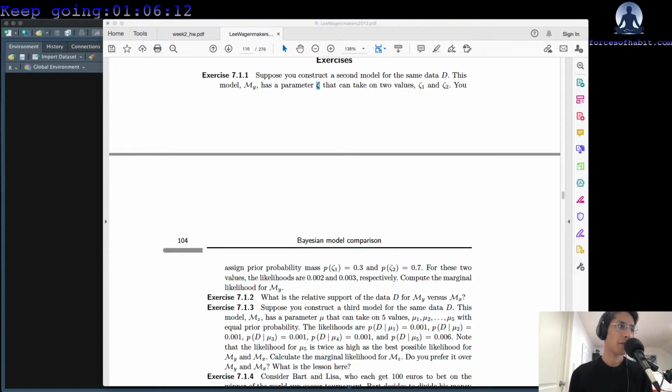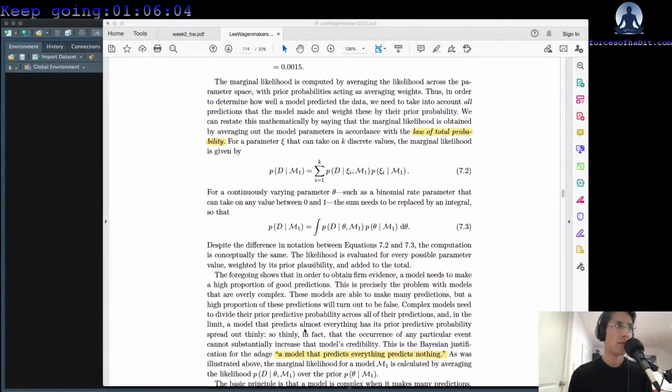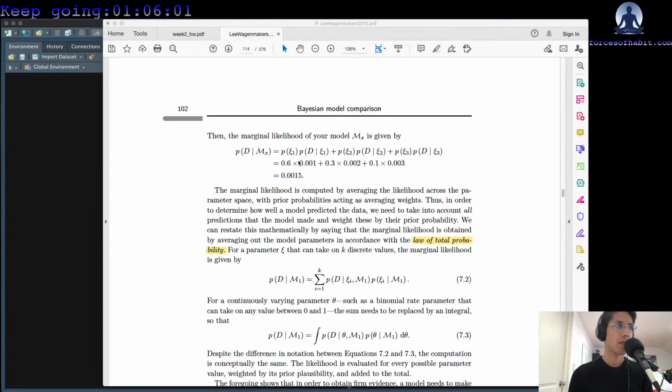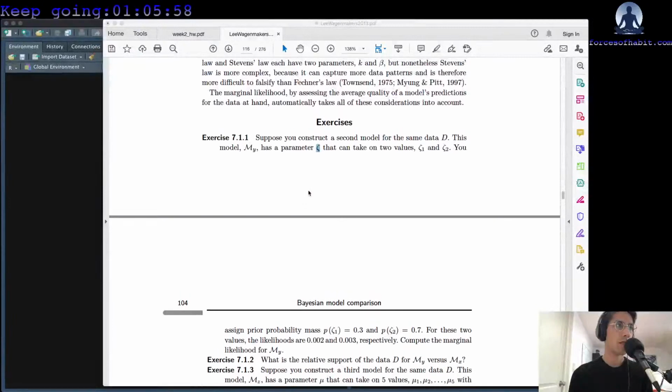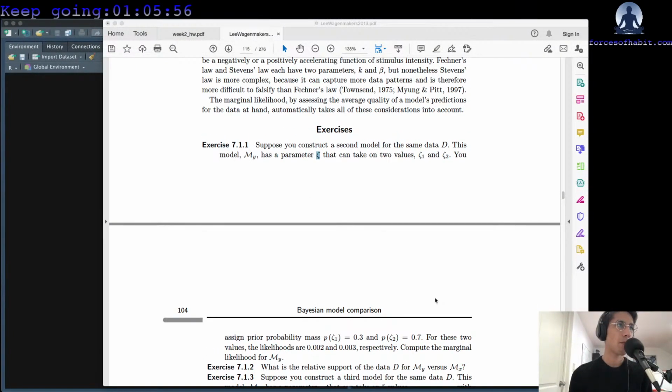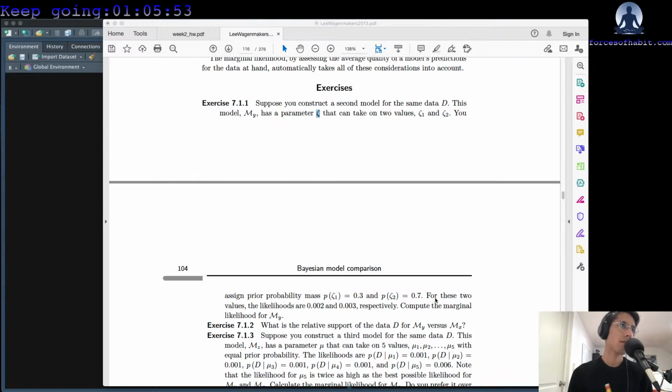Now it wants me to compute the marginal likelihood for Y. Just following what we did above, we're doing this here with these values. And it's an even easier problem because zeta can only take on two values. So we're multiplying the value of zeta by the likelihoods.